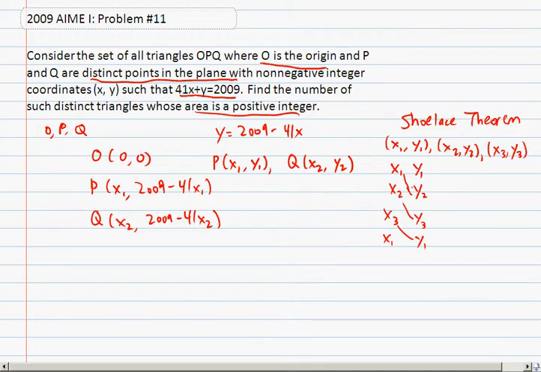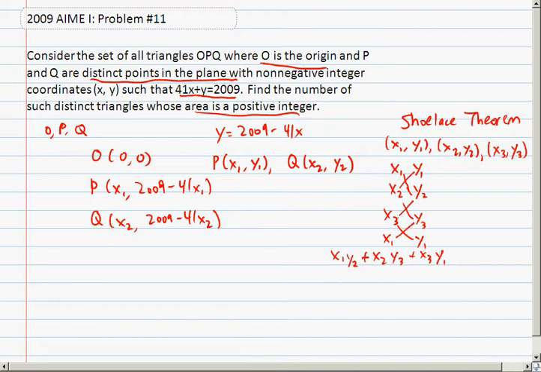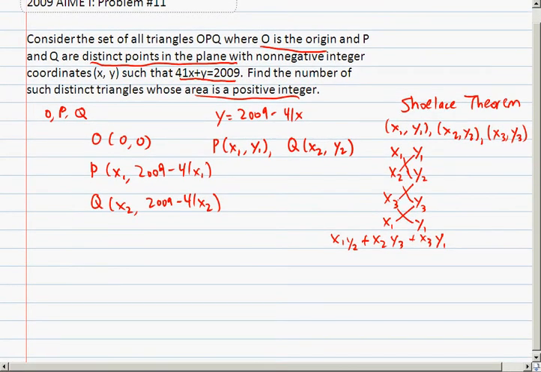And we take the sum of all the corresponding products, and that gives us x1y2 plus x2y3 plus x3y1. Then we do the same for all the points going diagonally upward. And you'll notice how when we cross those points, it looks almost like a shoelace being tied. So doing the same thing here gives us x2y1 plus x3y2 plus x1y3.